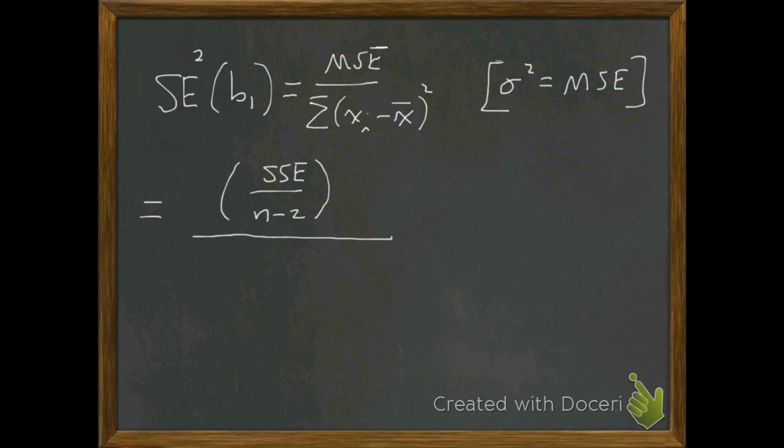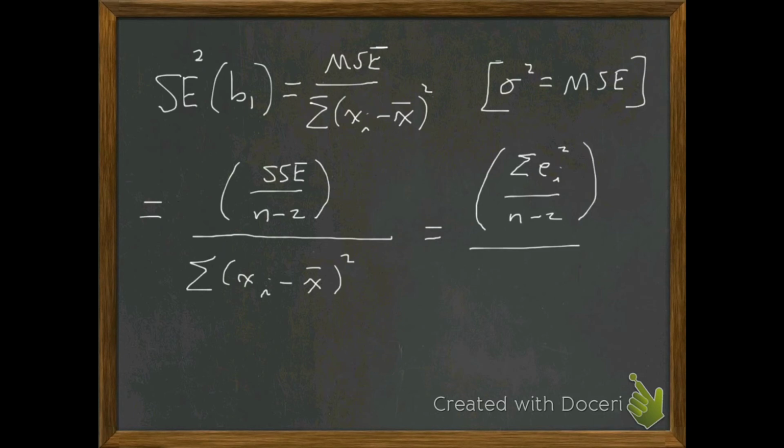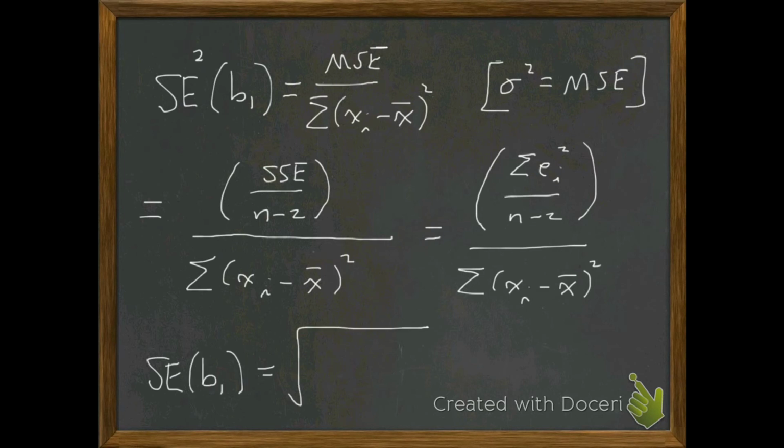So that's the mean square error divided by the sum of x sub i minus x bar quantity squared. Therefore our standard error for B1 will be the square root.